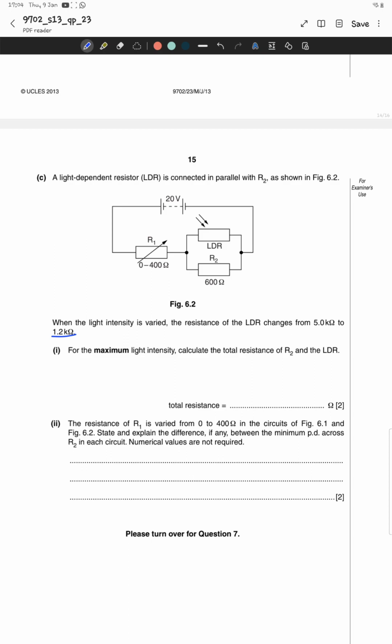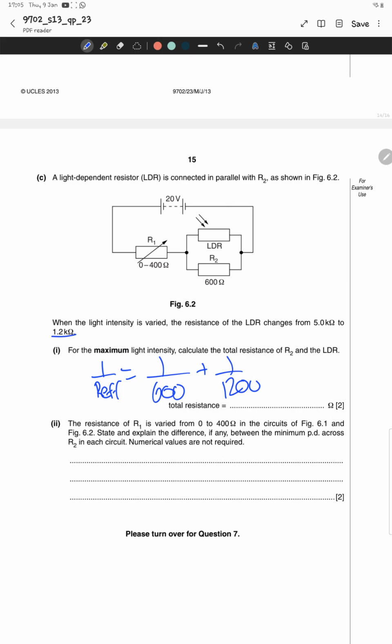For maximum light intensity, the resistance of the LDR must be the lowest, because they are inversely proportional. More light equals less resistance, and the lowest resistance is 1.2. And in parallel, you use 1 by R effective equals 1 by 600 plus 1 by 1200.